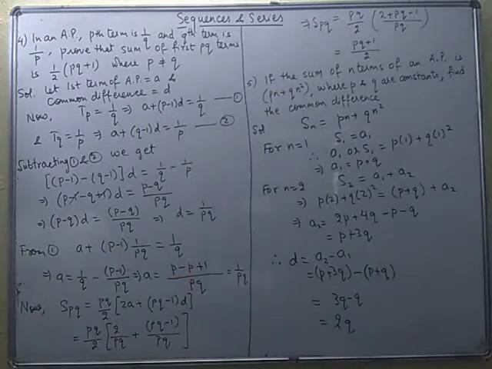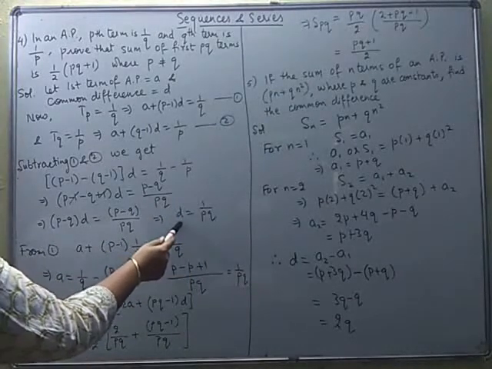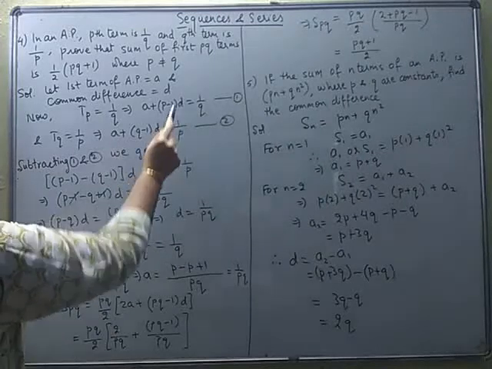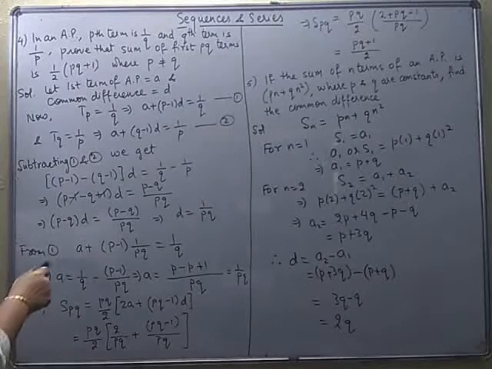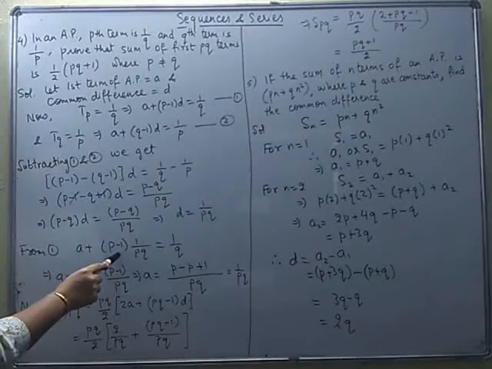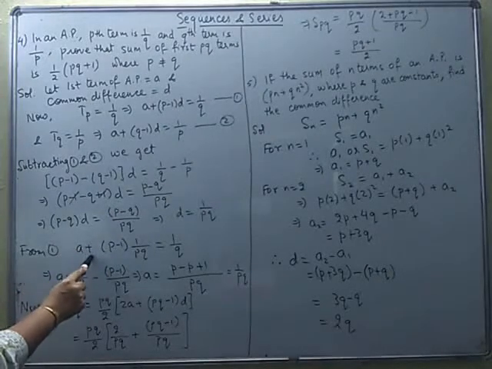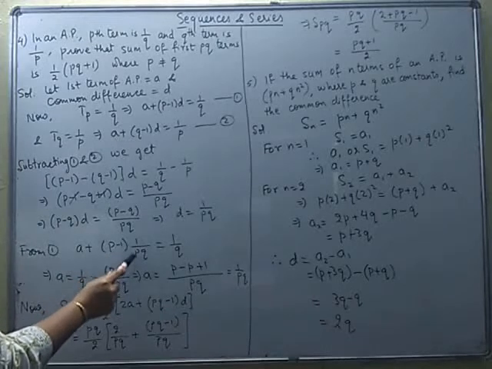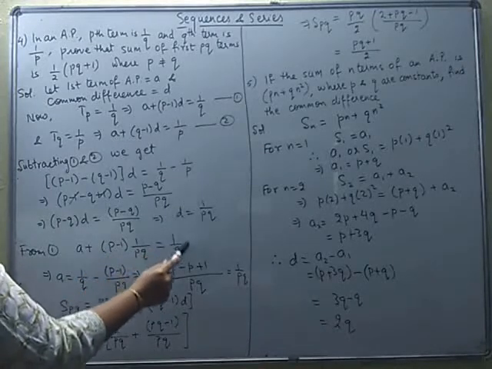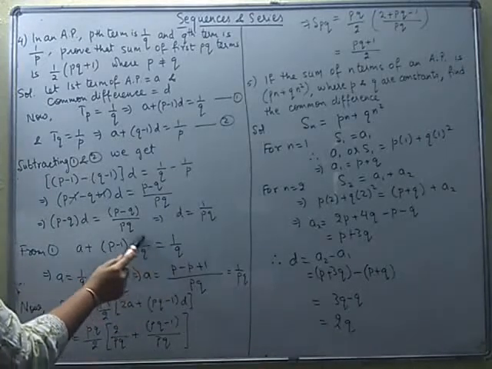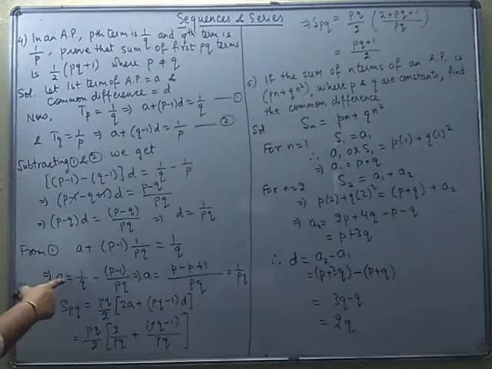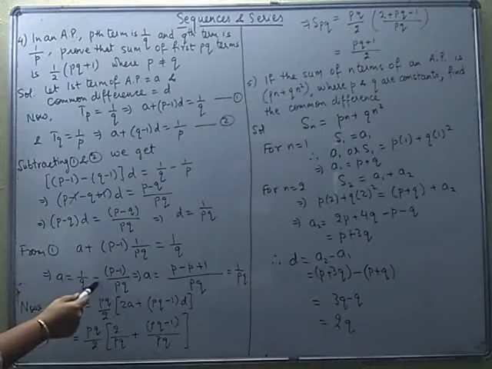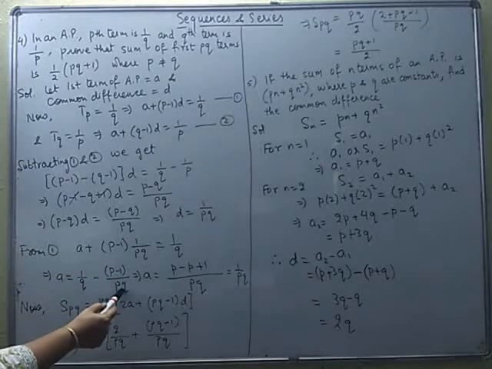Now, once the value of d is obtained, you can either put it in first equation or in the second one to get the value of a. So, here I have substituted it in first equation. What do we get? a plus p minus 1 into d, which is 1 over pq, is equal to 1 over q. Now, shifting this entire term to the right side, a will be 1 over q minus p minus 1 over pq.